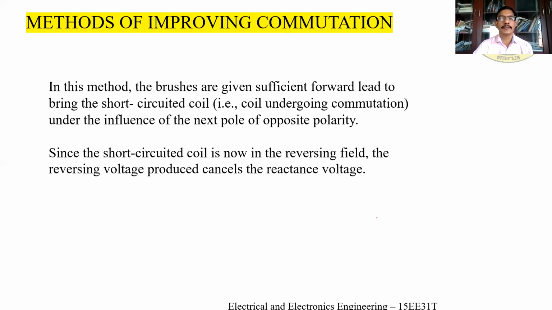In this method, the brushes are given sufficient forward lead to bring the short-circuited coil, that means the coil undergoing commutation, under the influence of the next pole of opposite polarity. Since the short-circuited coil is now in the reversing field, the reversing voltage produced cancels the reactance voltage. Thereby, the delayed commutation problem is somewhat eliminated or reduced.